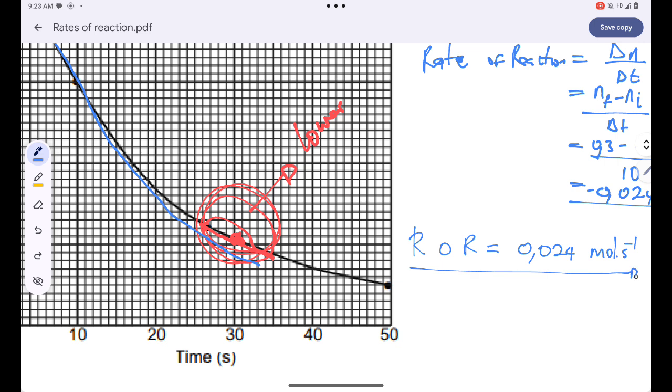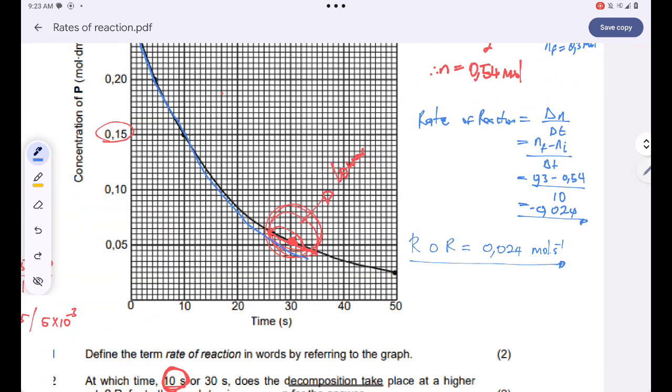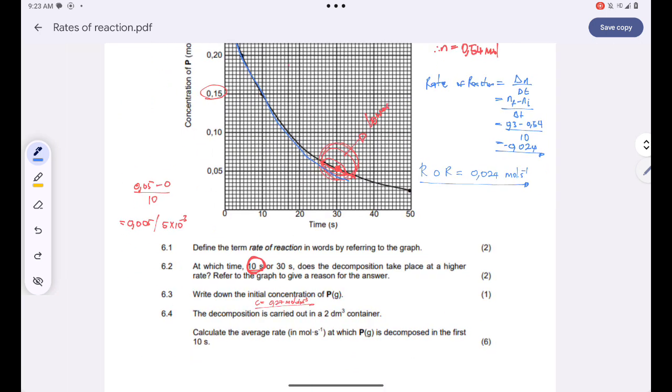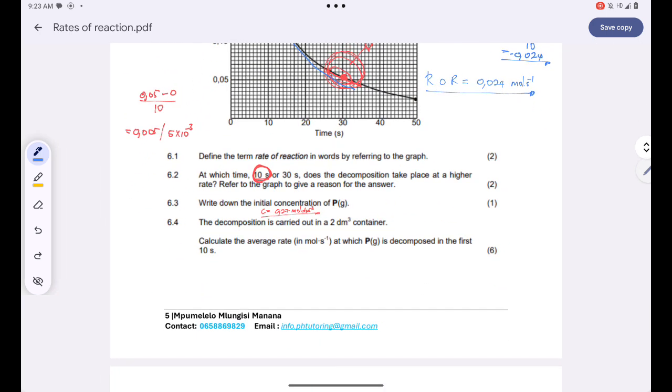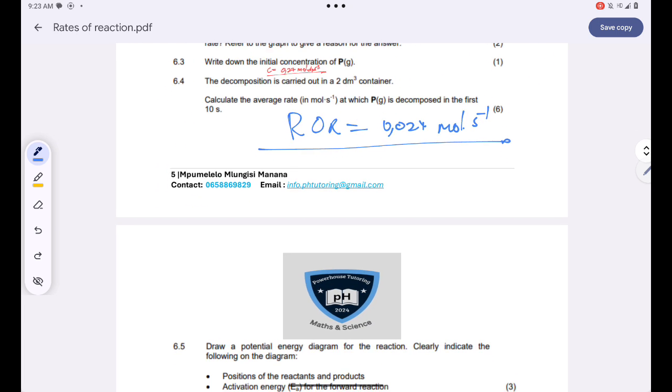Always, guys, your answer should end with per second. So that's how I was supposed to calculate my rate of reaction. ROR is 0.024 moles per second.